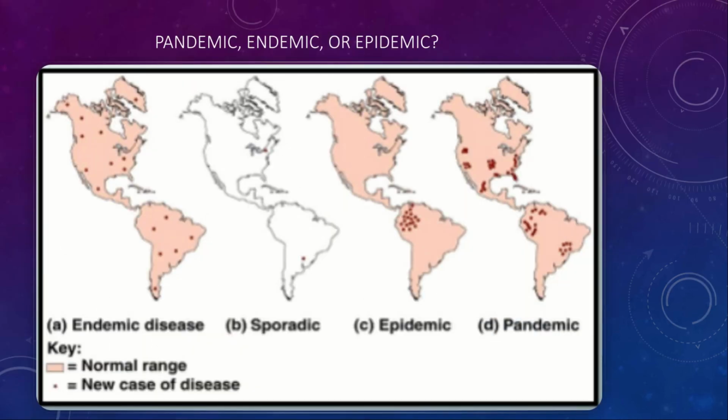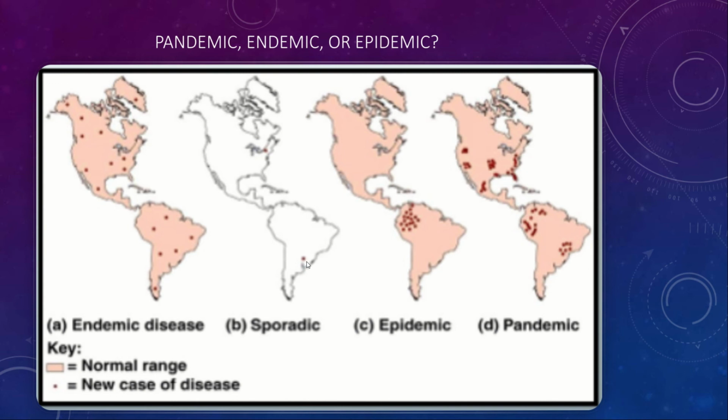Pandemic, endemic, or epidemic. An endemic disease is widely spread around the world, but it's not really severe. So it's here, there, and not many places. A sporadic disease is when it's in very few locations and not much of it.